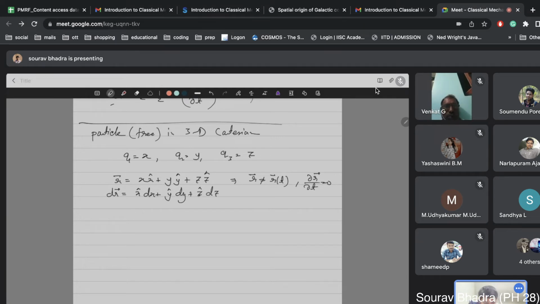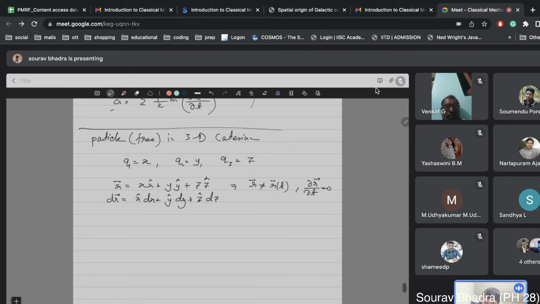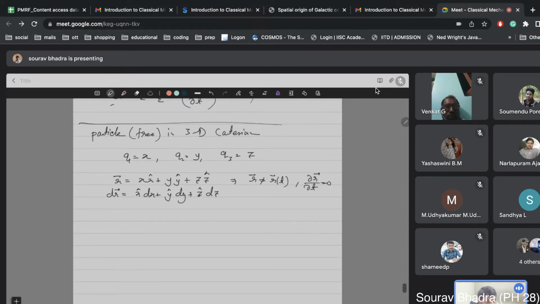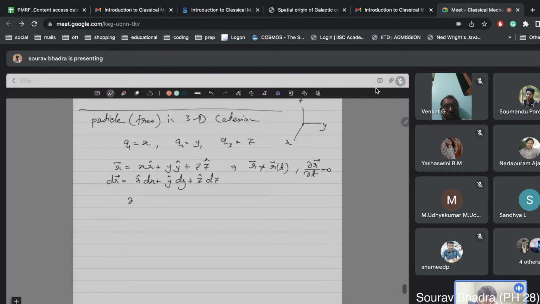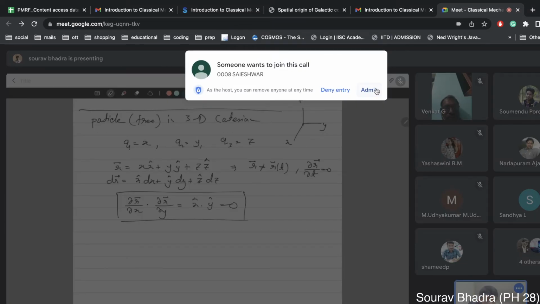Now as you know, this xyz system is orthogonal, so x, y and z are orthogonal to each other, right? That's why if you do del r by del x dot del r by del y, it will give you x-cap dot y-cap, that is 0. So this tells you that our system is orthogonal.